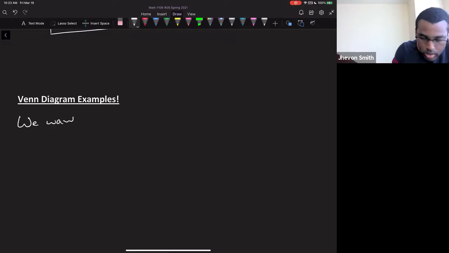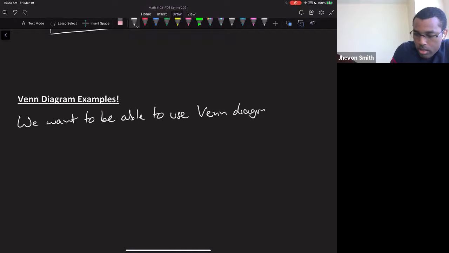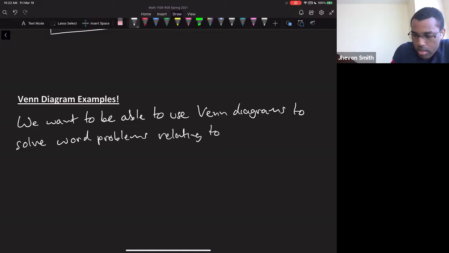We want to be able to use Venn diagrams to solve word problems relating to the size of sets.